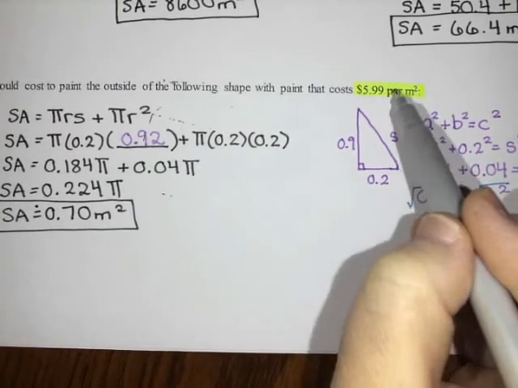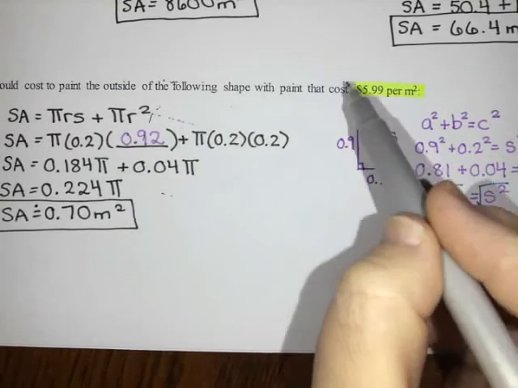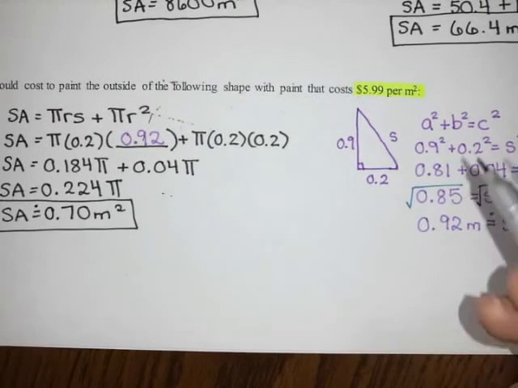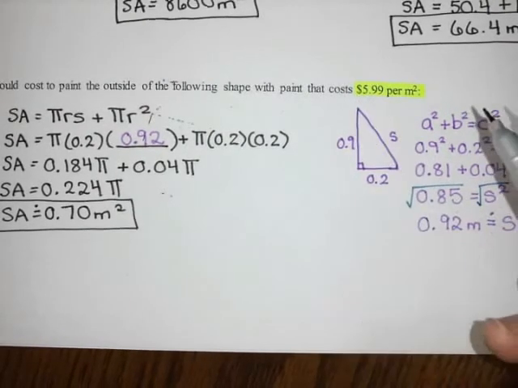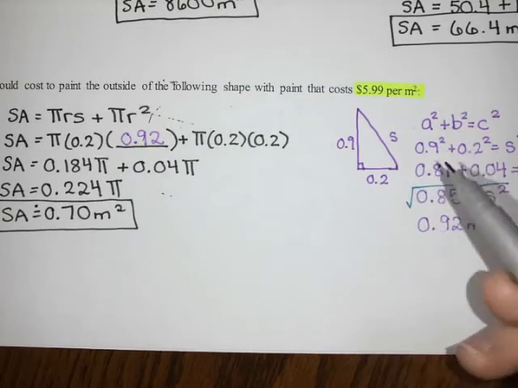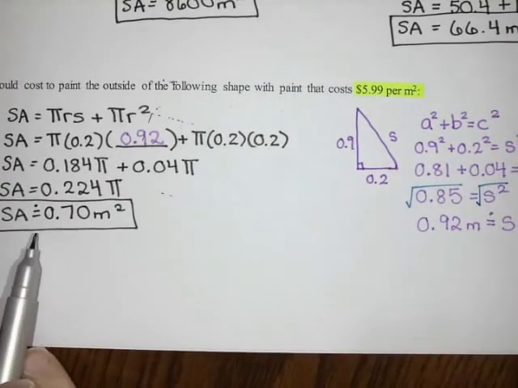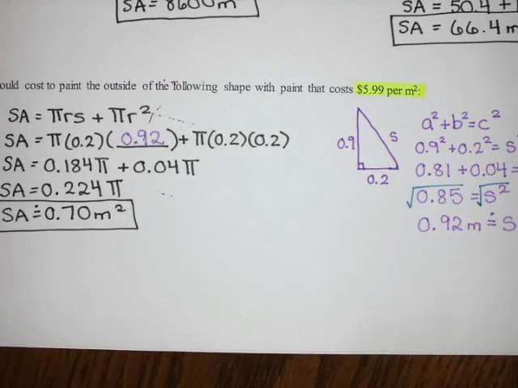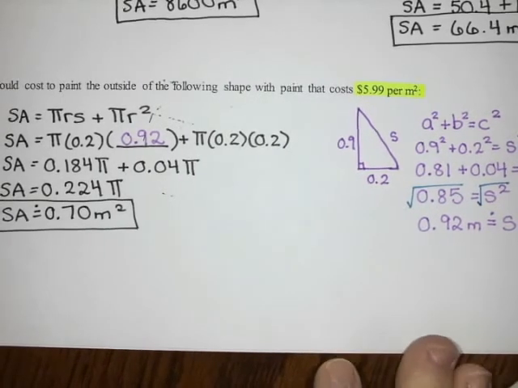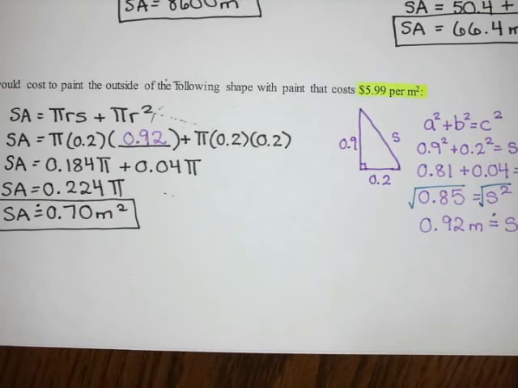So anytime you're given a price, if I was doing 1 square meter, I would do $5.99 times 1. If I was doing 2 square meters, I would do $5.99 times 2. So if I'm doing 0.70 square meters, I'm going to take that number and multiply it by $5.99.